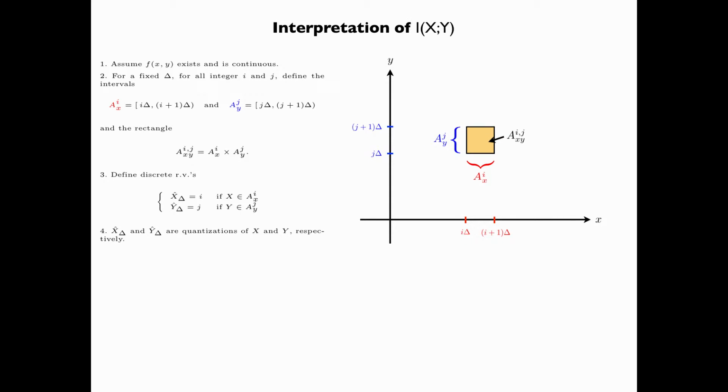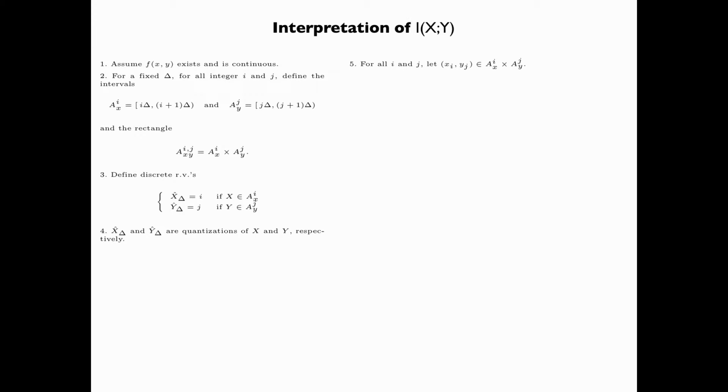This is illustrated in the figure. Now for all i and j, let the pair (x_i, y_j) be a vector in the Cartesian product of A_X^i and A_Y^j.